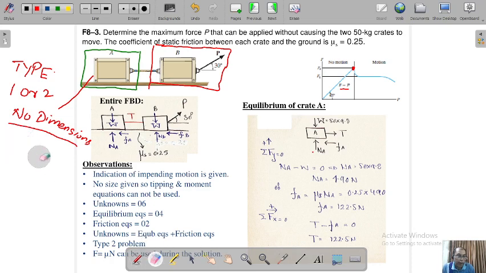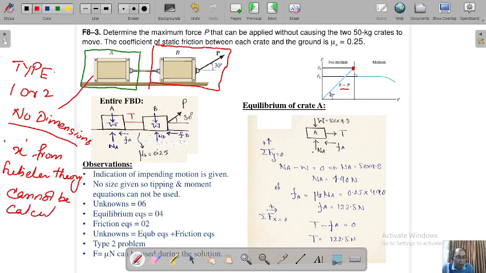You remember that x from Hibbeler theory cannot be calculated. So moments cannot be applied.